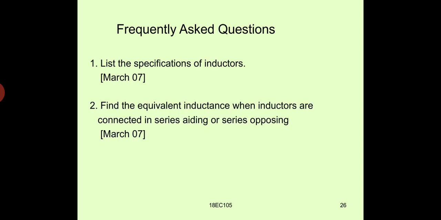Now let us see some frequently asked questions on the topics we have discussed so far. Number 1: list the important specifications of inductors. Then find the equivalent inductance when two inductors are connected in series aiding and also in series opposing.